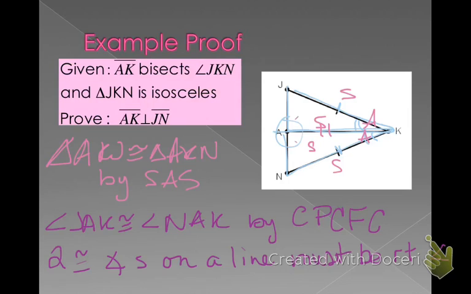Since two congruent angles on a straight line must be right angles, that must mean that AK is perpendicular to JN.